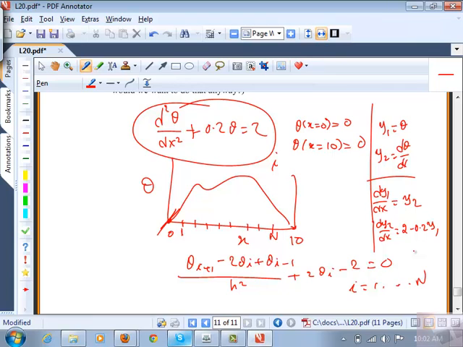I make a guess for alpha 1, but alpha 1 is nothing but y2 at 0. So I make a guess for the slope y2 at 0, I shoot, and I get a look at y1 at 10, and I call that number beta 1. If it is 0, I'm lucky, I made the right guess, right? What can I do if it is not 0?